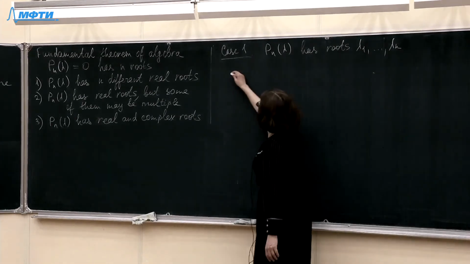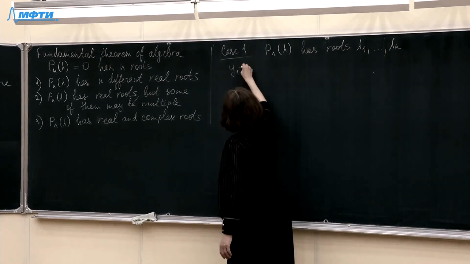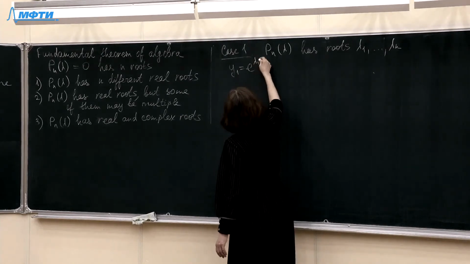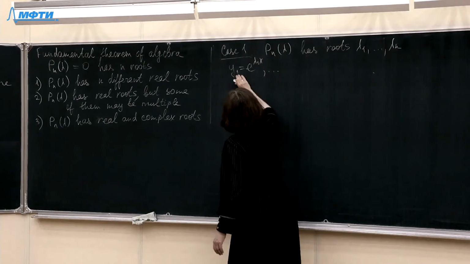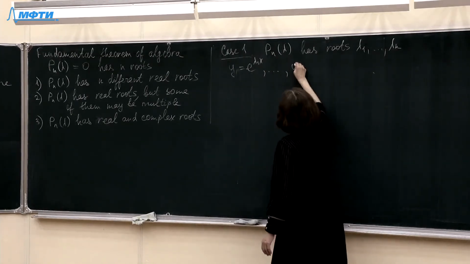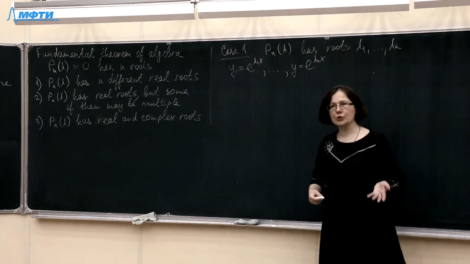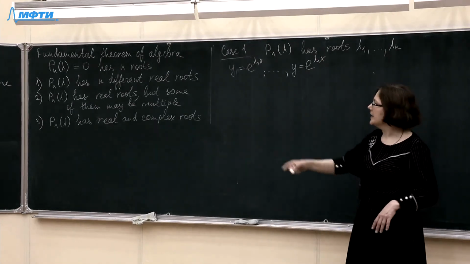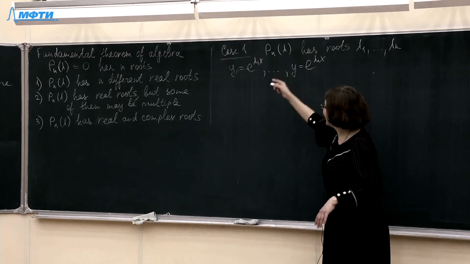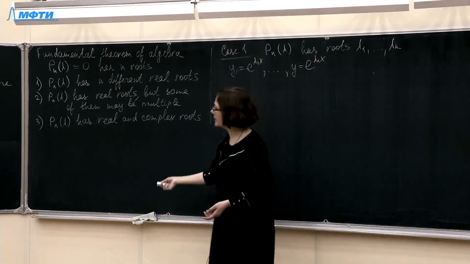Then we can see that all the functions y equals e to the power lambda_1 x, and so on, e to the power lambda_n x are solutions because the lambdas satisfy the characteristic equation.